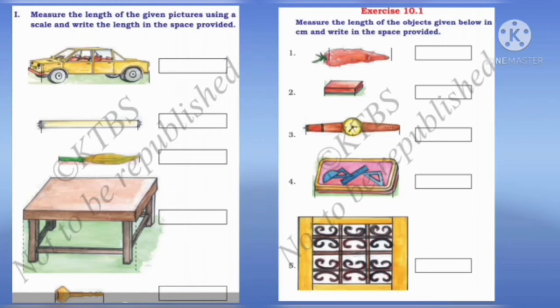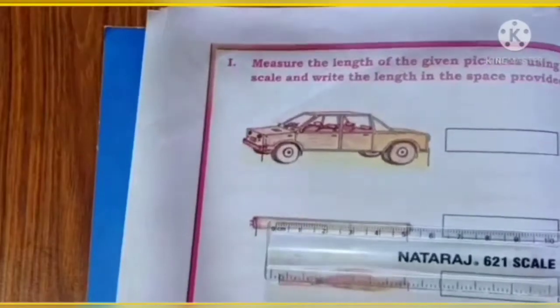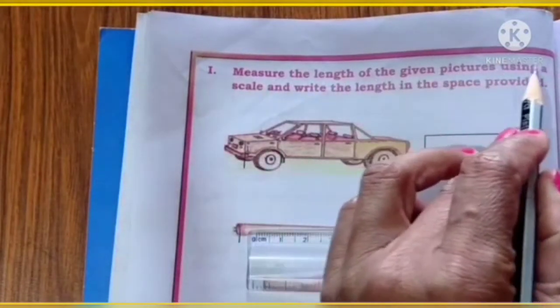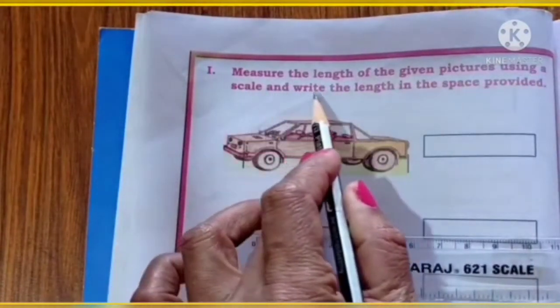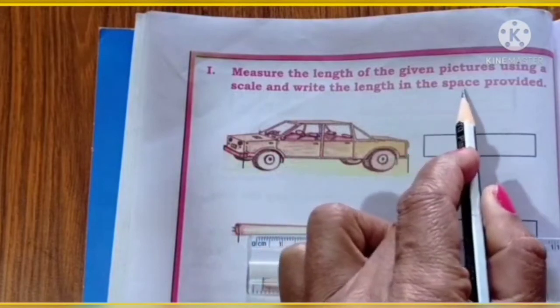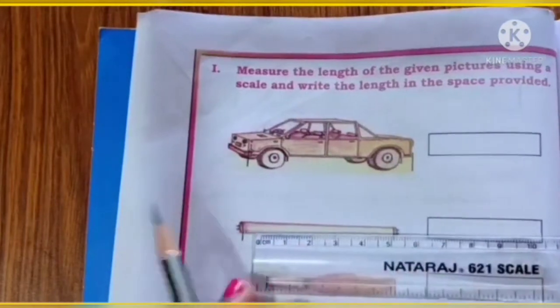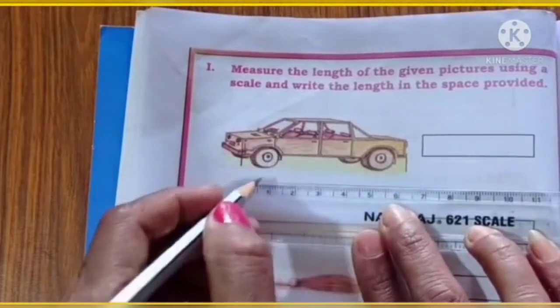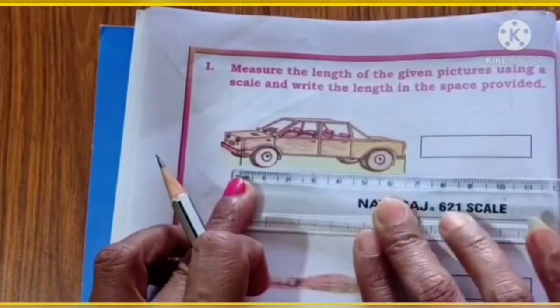Now let us measure the length of the objects given in page 72 and 73. First measure the length of the given picture using a scale and write the length in the space provided. First one, the car is there and we observe the starting point here.